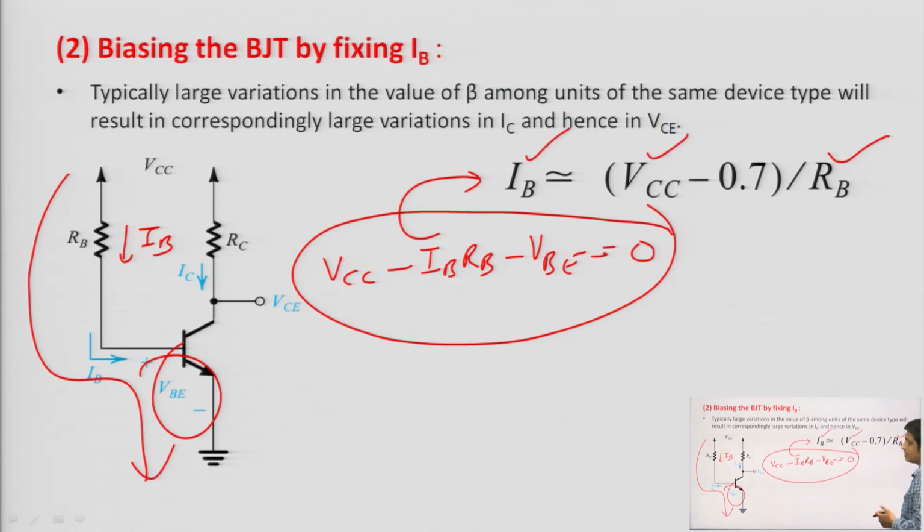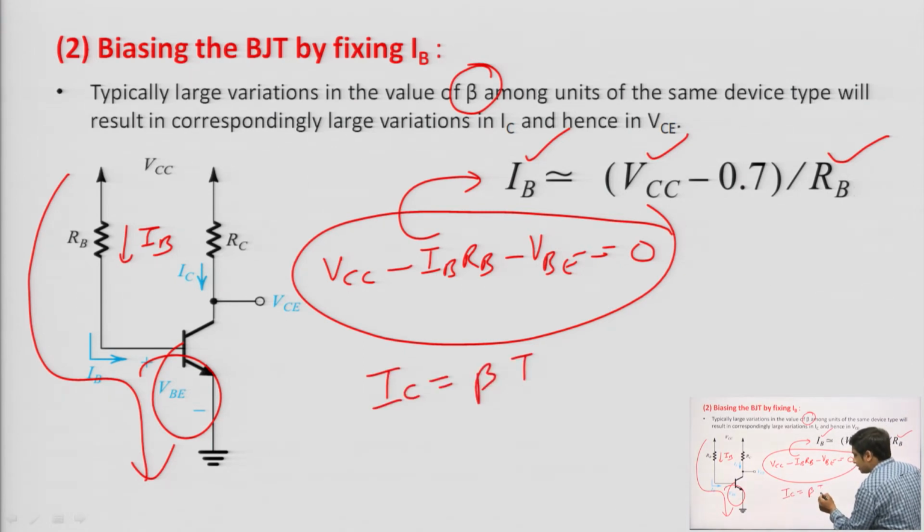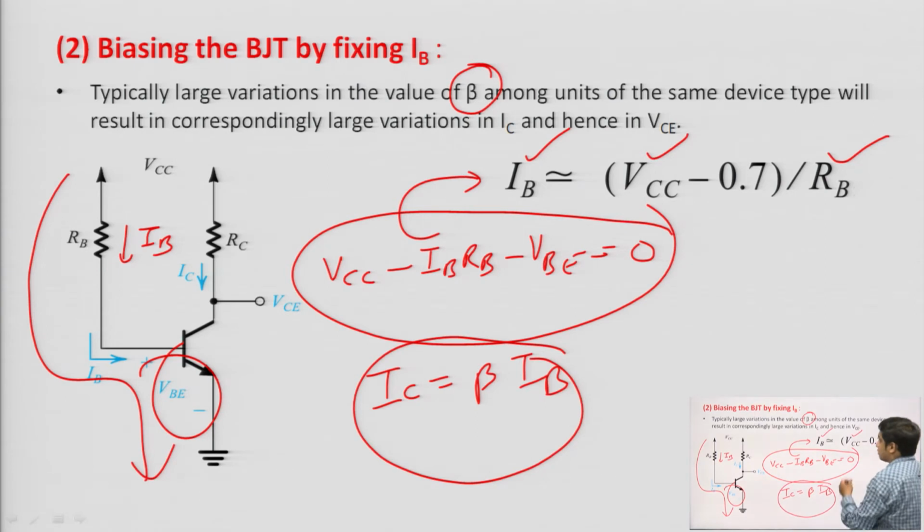Again the issue is that if beta changes, then of course your collector current will change, because we know that the collector current is equal to beta times base current. So, again the same issue, if there is a variation in beta, then there will be a variation in collector current. So, again this is not a good technique.